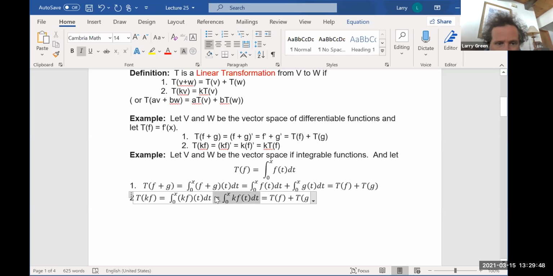And that is the same as k times the integral. I can always pull constants out, so k times the integral of f of t dt. And that's k times T of f.